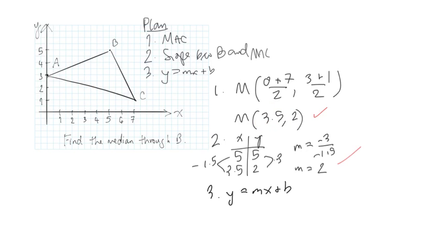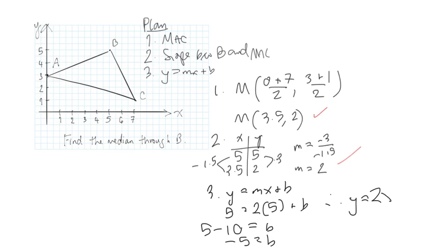Since the midpoint has this 3.5 in it, which is not super nice, I'm going to choose B instead. B has nice coordinates. So B is at 5, 5. So y is 5, the slope is 2, x is 5, and little b, the y-intercept, I don't know. I'm going to find it out. So if I isolate b, I get 5 subtract 10 equals b. So negative 5 equals b. And so therefore my line is y equals 2x minus 5.